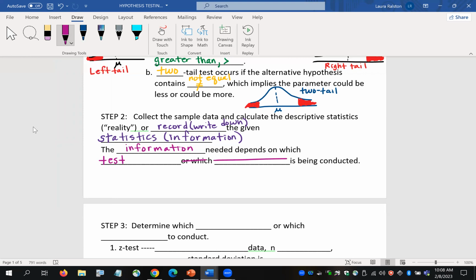Which type of test are we doing? And there's a variety of tests that we're going to talk about.